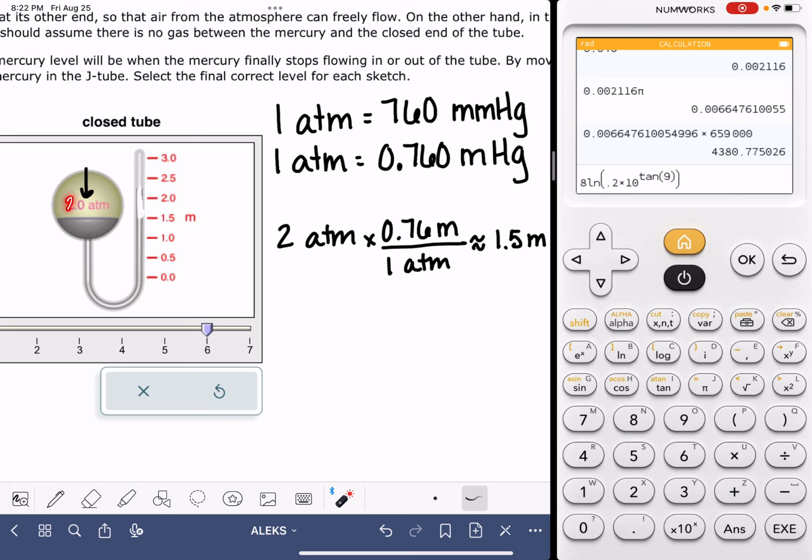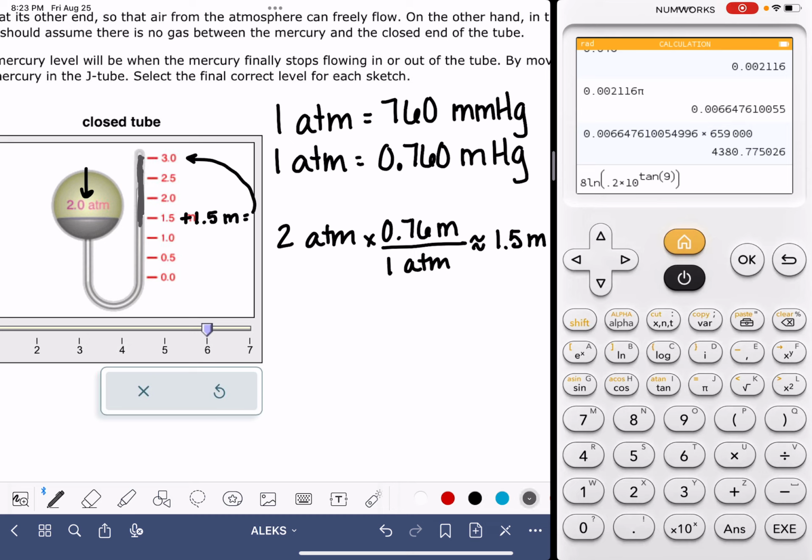But since we have the 2 atmospheres inside this little vessel pushing down on the mercury, it's going to push that mercury up this particular column, and it's going to raise it up by 1.5 meters in height. So that mercury is going to rise from 1.5 meters, which is its resting spot, up another 1.5 meters, which is going to bring it up to a height of 3.